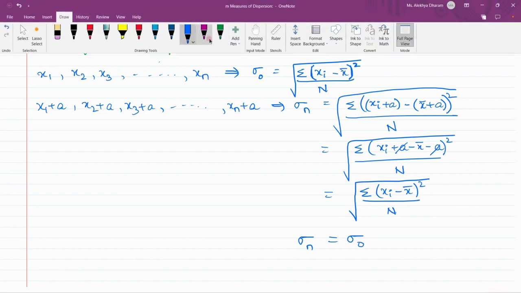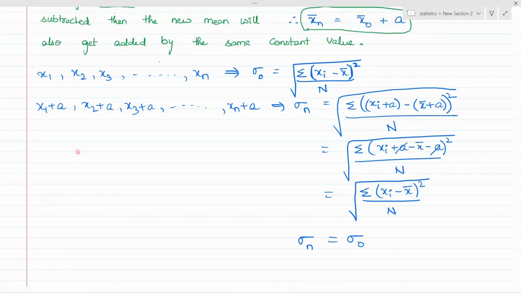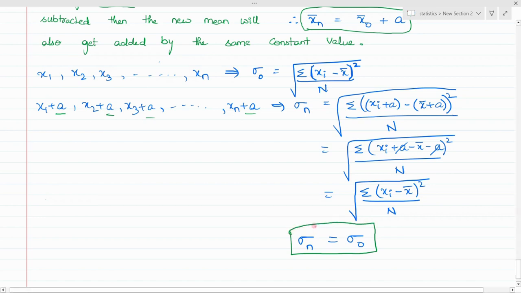So here we need to remember that if a constant is added to all the data points, the standard deviation is going to remain the same when we add or subtract a constant.